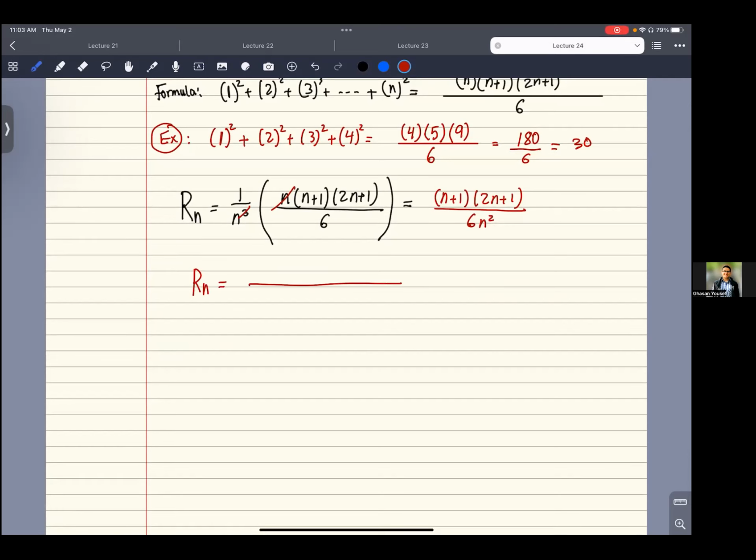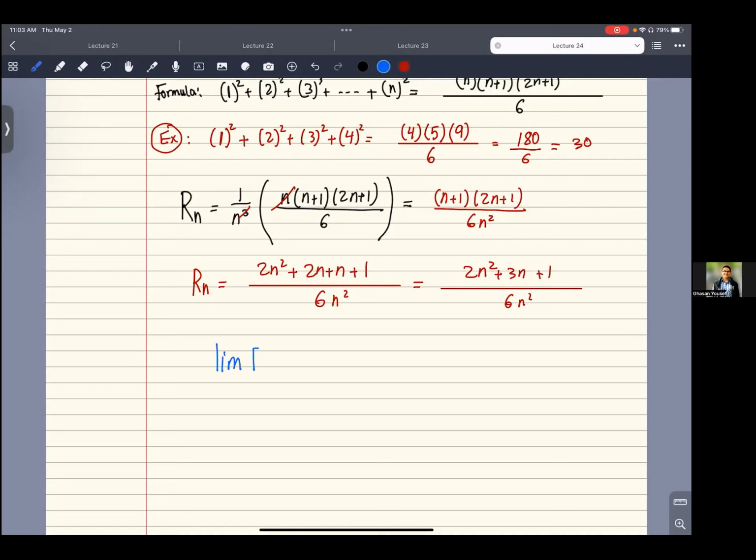That would be 2n squared plus 2n plus n plus 1 over 6n squared, and this is equal to 2n squared plus 3n plus 1 over 6n squared. Make sense? Now take the limit.